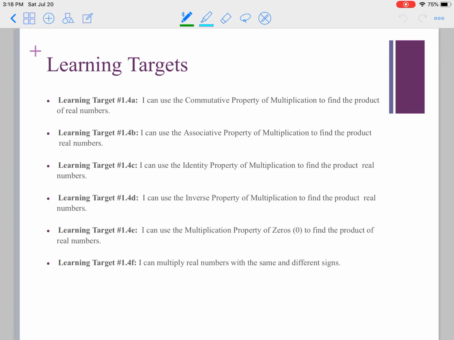However, there are some nuances that we must pay attention to, to make sure that we do not confuse some of the properties of addition with multiplication. So please pay close attention to some of those subtle changes between the properties of addition and properties of multiplication.